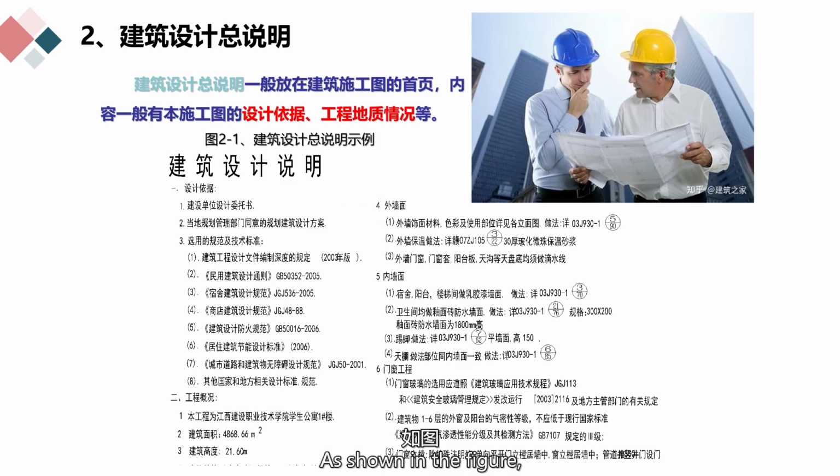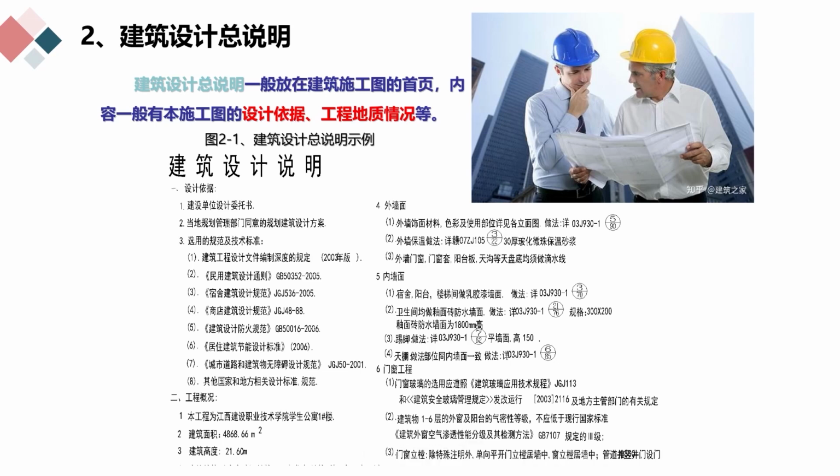As shown in the figure, the general architectural design instructions are generally placed on the first page of the building construction drawings. The content usually includes the design basis of this construction drawing, the engineering geological conditions, the scale and scope of the engineering design, the guiding ideology of the design, and the technical and economic indicators.